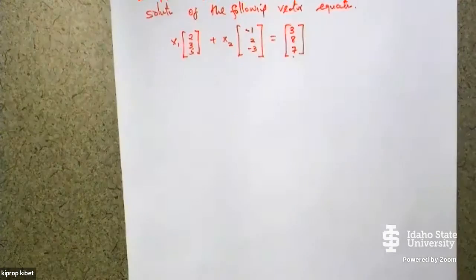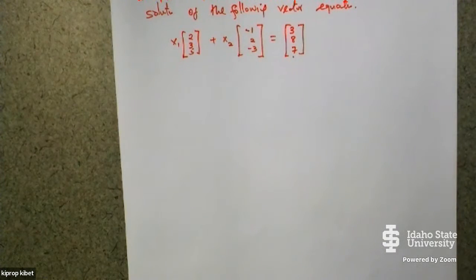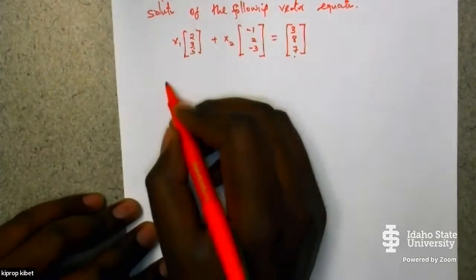Show that x1, x2 is a solution of the vector equation. So let's look at the solution.